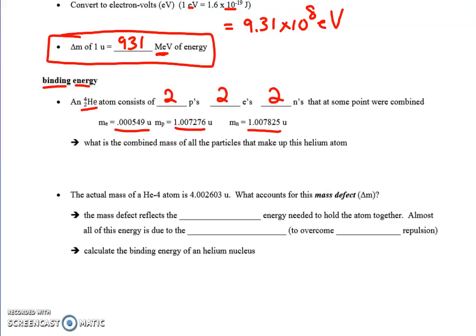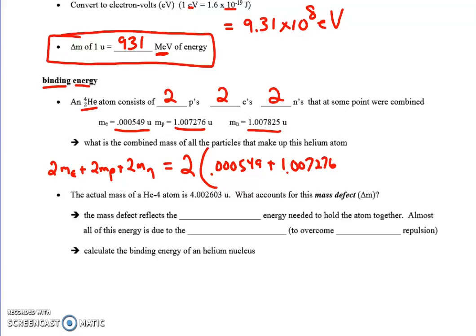But that's all right. So let's figure out what the combined mass is for all the particles that make up the helium atom. That would be 2 times the mass of an electron plus 2 times the mass of a proton plus 2 times the mass of a neutron, based on what we saw before. So let's pull out the 2. So that's going to be 2 times, now this is kind of tedious, 0.000549 plus 1.007276 plus 1.007825 u.